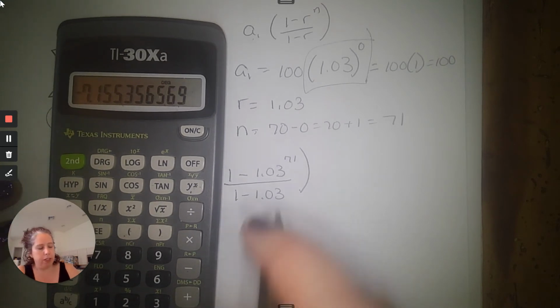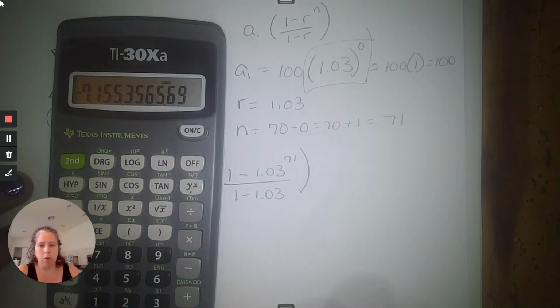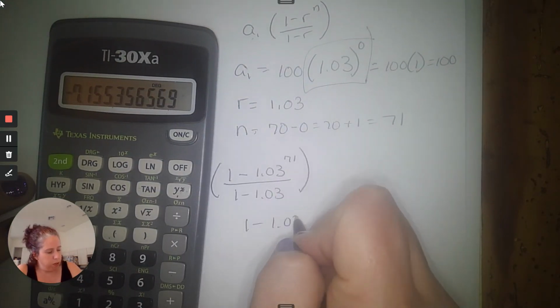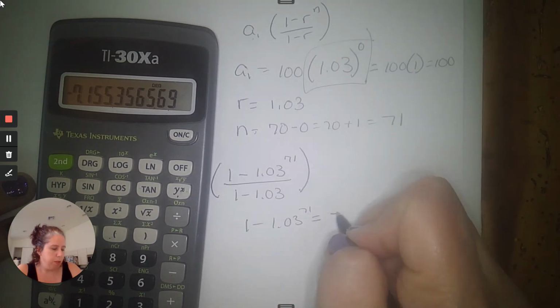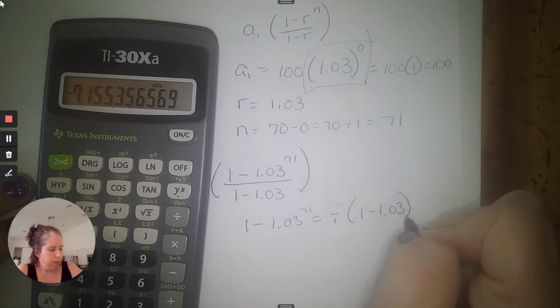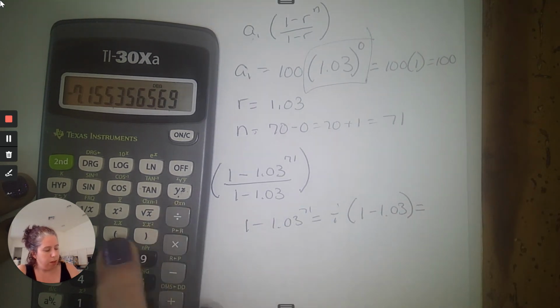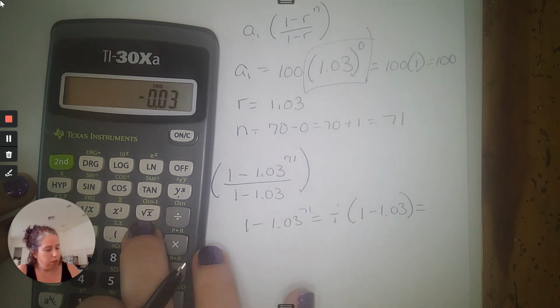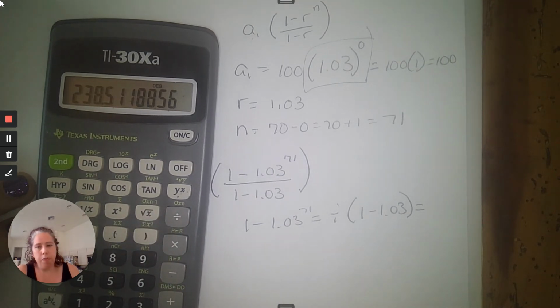Don't worry about if it's got an exponent up here. Then we hit equals, right? So now we're going to divide it by parentheses 1 minus 1.03. Close the parentheses and hit equals.